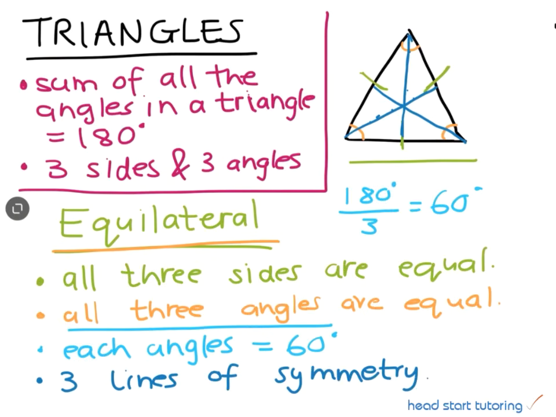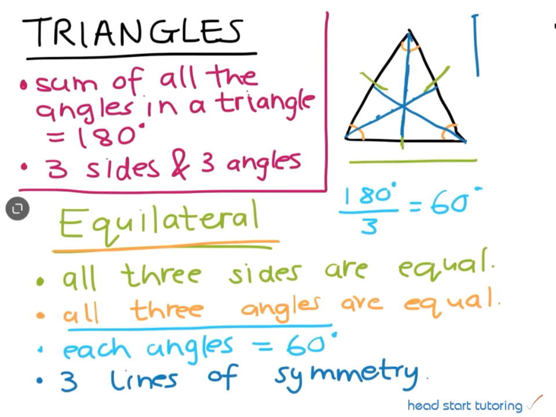Right. So again, I'm just going to repeat that. If your 2D shape has 3 equal sides and 3 equal angles, it will also have 3 lines of symmetry. So if you fold your triangle on either one of these lines of symmetry, you will get a mirror image. Right, so that takes us back to the square.